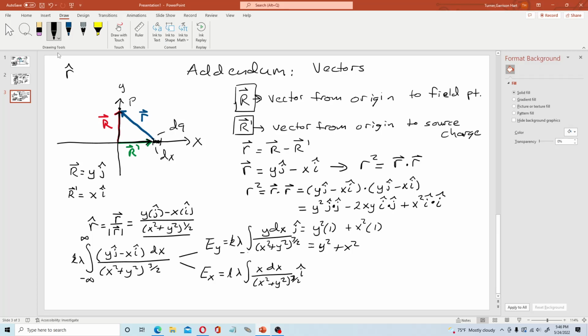And these are both from negative infinity to infinity. Okay? And so these are your two components.